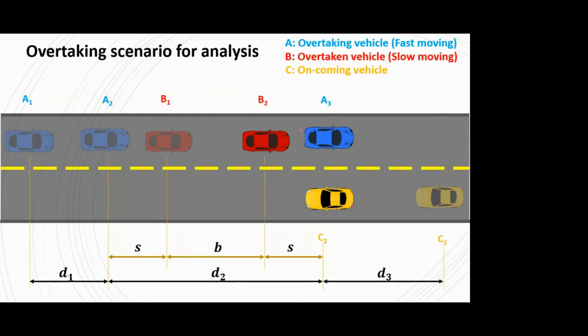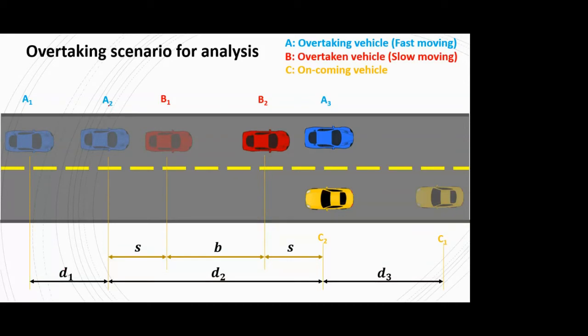Now what we need to actually do is find a distance, the overtaking sight distance. And that overtaking sight distance, if I just place separators at the locations that I have marked, A1, A2, A3, B1, B2, and C1, C2, and if I label the distances, the distance between A1 to A2 point is marked as D1.